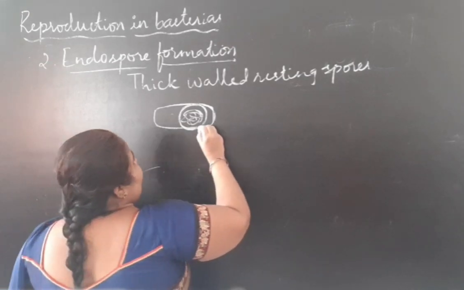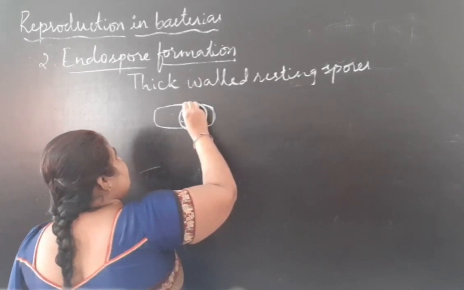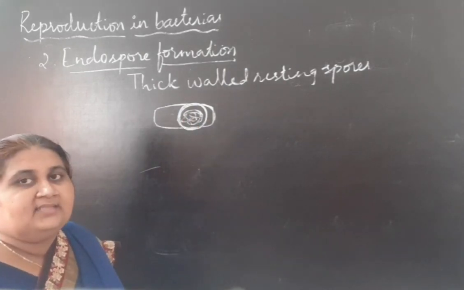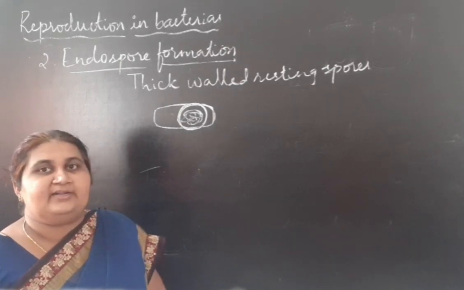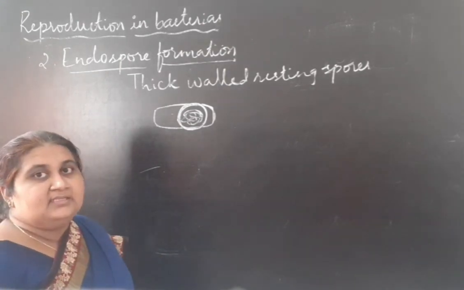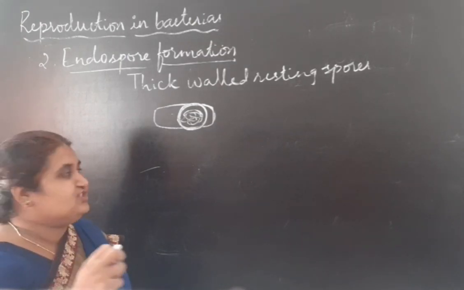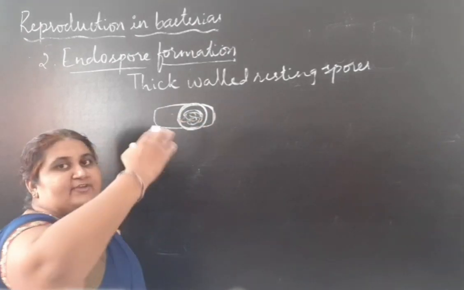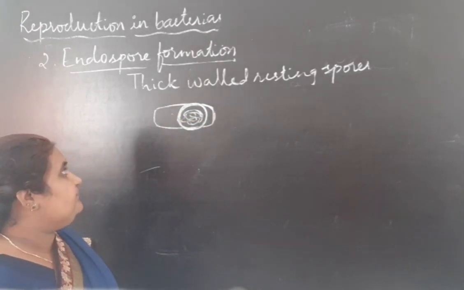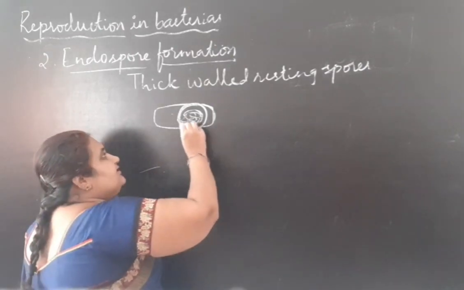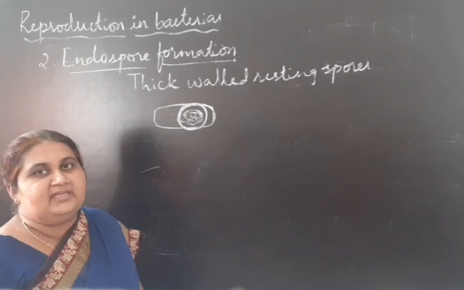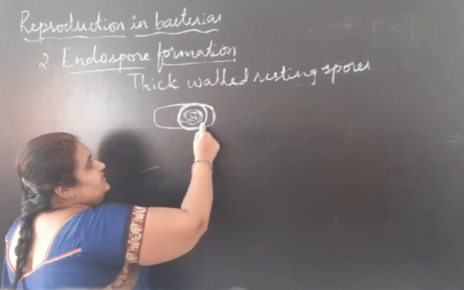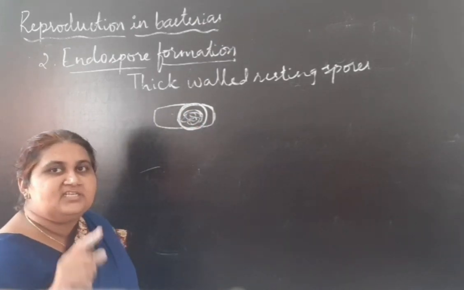See here, I am explaining how an endospore is formed. When the conditions become extreme, adverse, the living substance within a bacterial cell, that is genetic material and protoplasm, starts accumulating around the genetic material, and around that one thick membrane, a wall, is formed, and this starts to form as the spore.